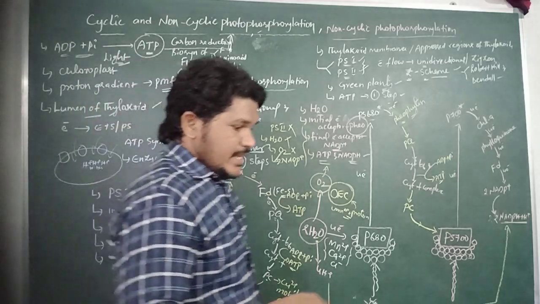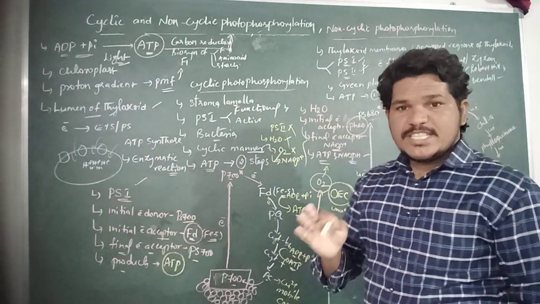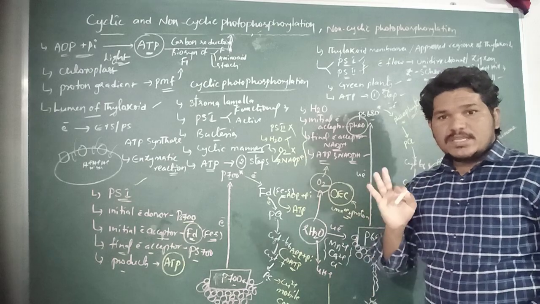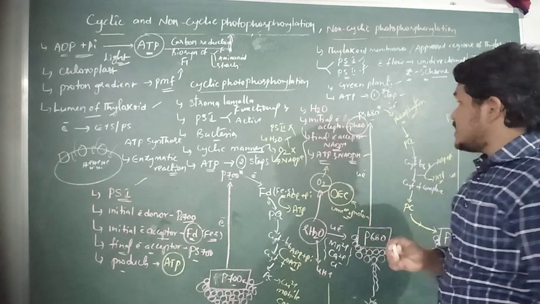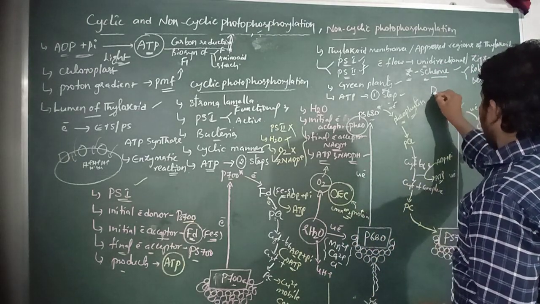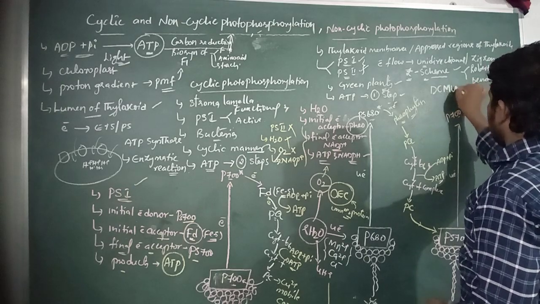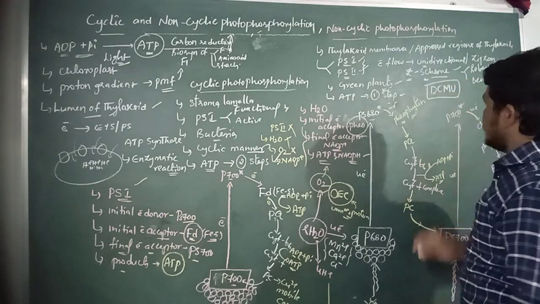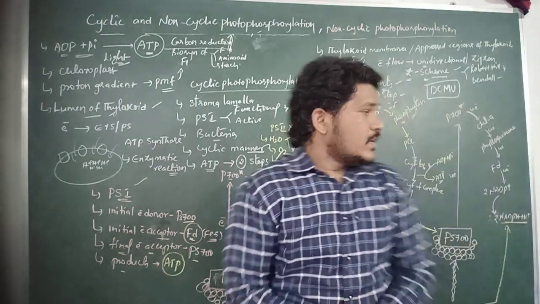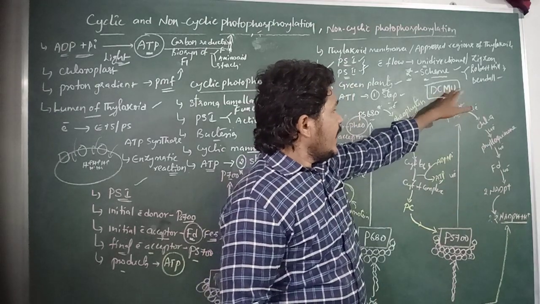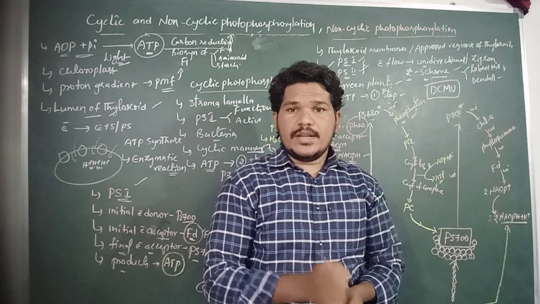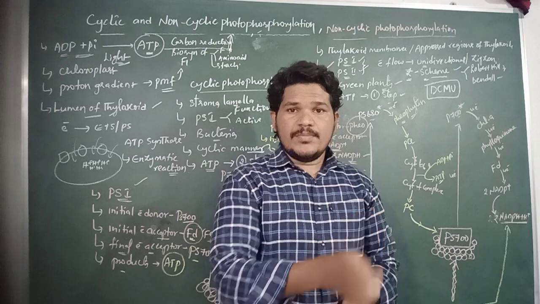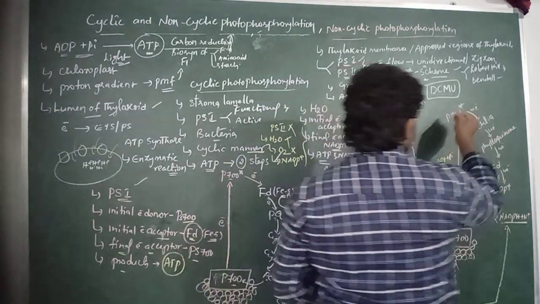Here the non-cyclic photophosphorylation is mainly inhibited by the herbicide DCMU, that means dichlorophenyl dimethyl urea.